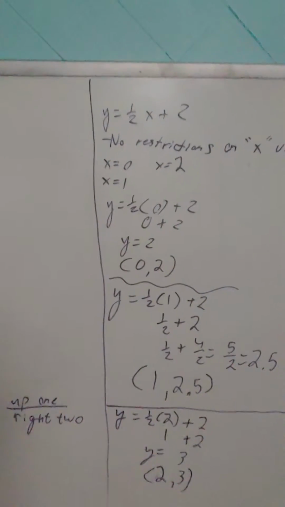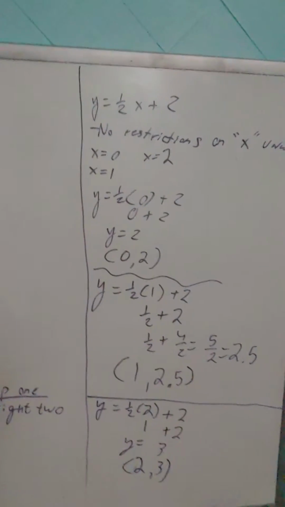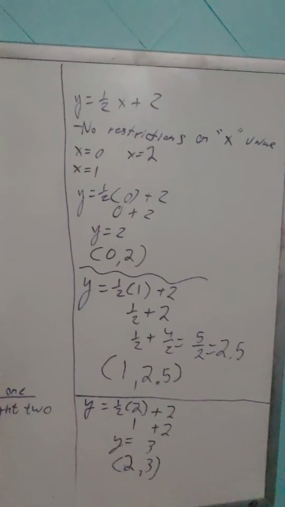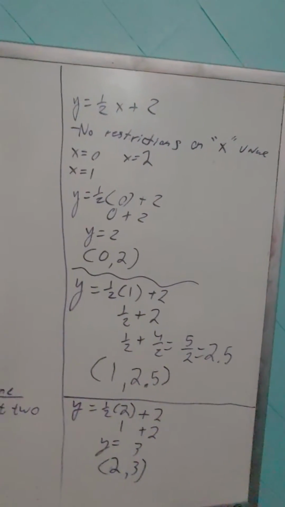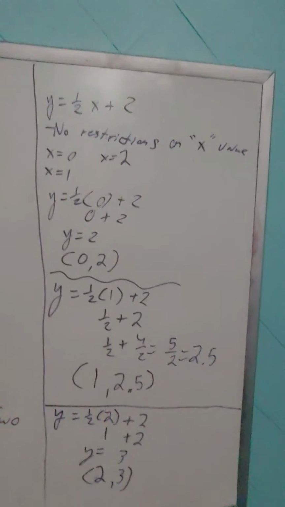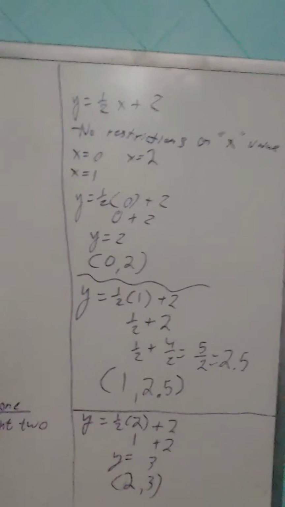Some real world situations will say, well, it can't be this, so you just skip a point. But for our case, there's no restrictions. This is a perfect world scenario, so everything works out. You can use every x value known to man, so that means decimals, percents, everything from negative infinity to positive infinity.